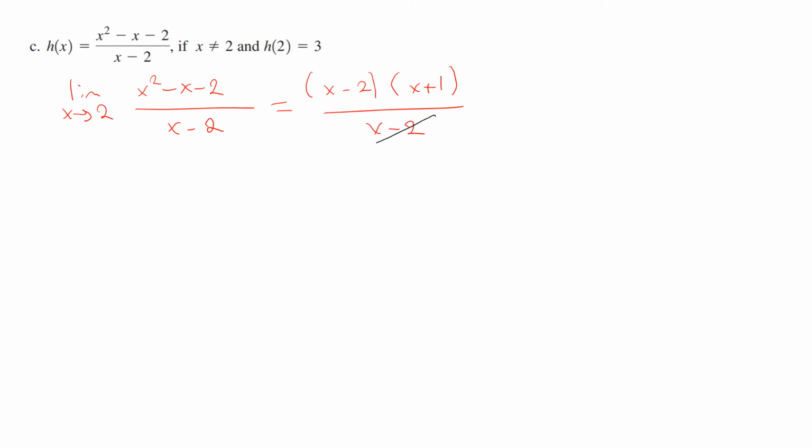I can cancel these out, so I am left with the limit as x approaches 2 of x plus 1, and that would just equal 3. And I found that 3 actually equals h(2). So therefore you can say h(x) is continuous at 2.